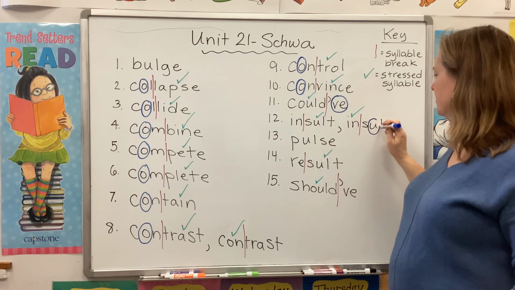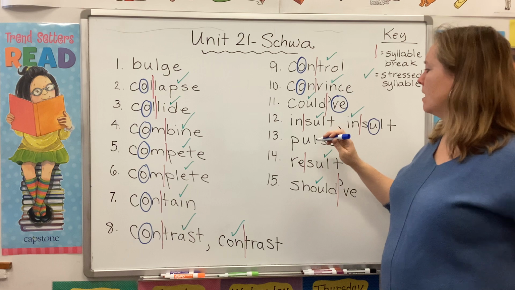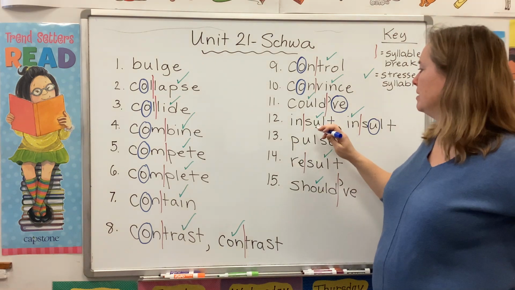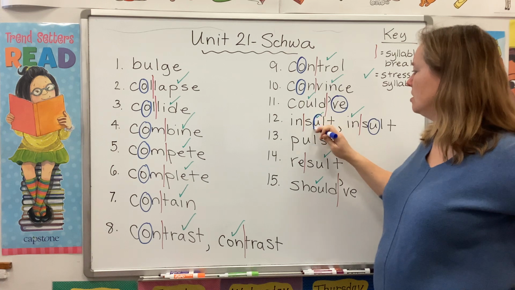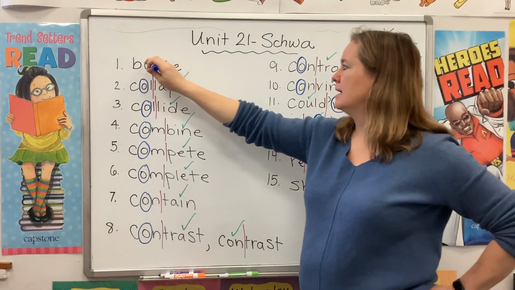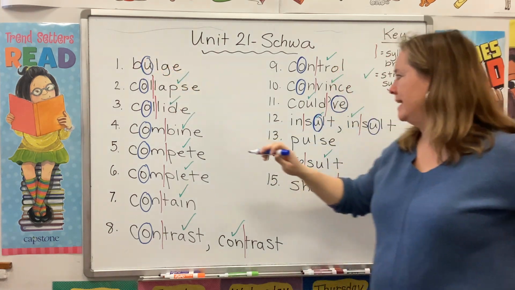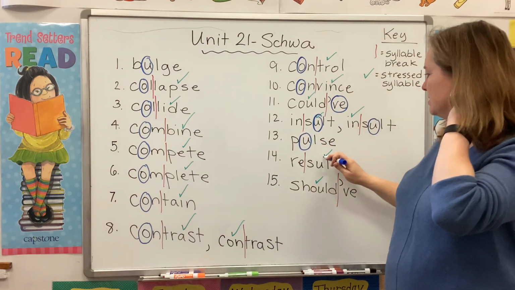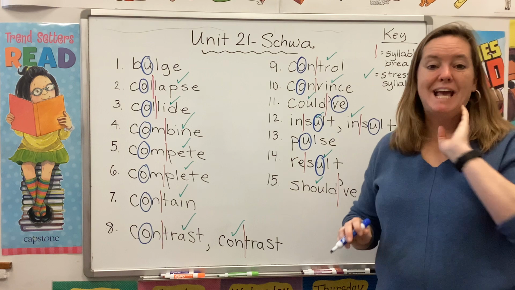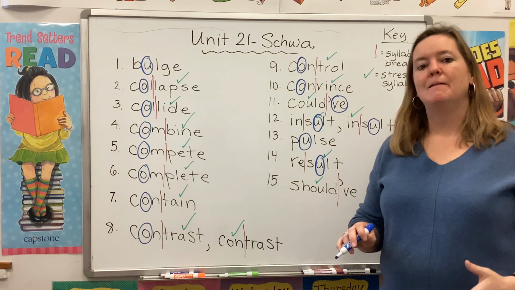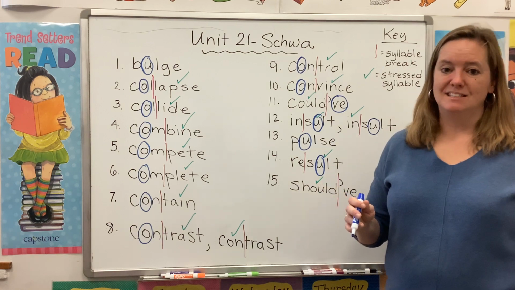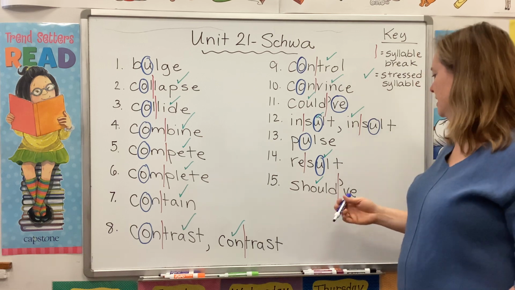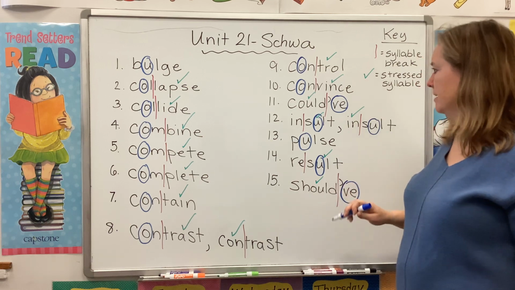Insult, right here. I guess I do want to talk about this now. In a word like insult and bulge and pulse and result, we have a schwa that is not actually a lazy unstressed syllable. That's just the vowel sound in there. And then should've.